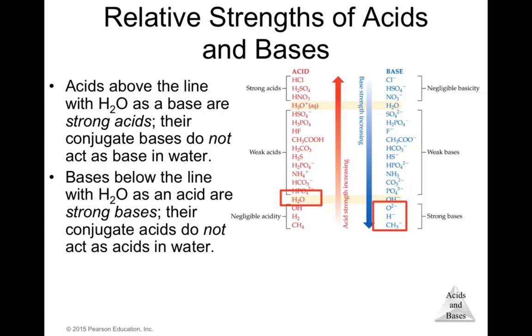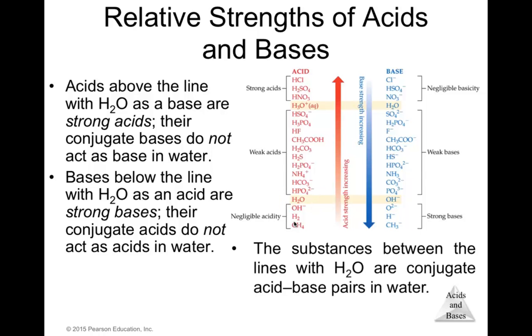So we can see here that the more easily a base accepts a proton, the less easily its conjugate acid gives up a proton. In other words, the stronger an acid, the weaker its conjugate base. And the stronger a base, the weaker its conjugate acid.